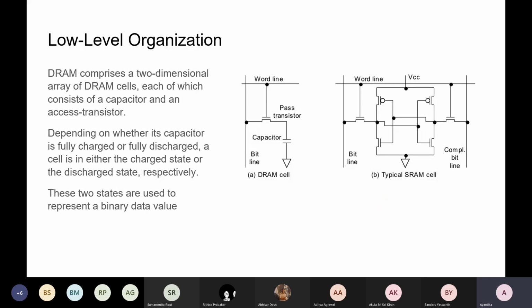Okay, what is DRAM? Dynamic RAM. What is the basic difference between DRAM and SRAM? In dynamic RAM, the speed of storage is less than that of static RAM. You have to continuously refresh the cells.